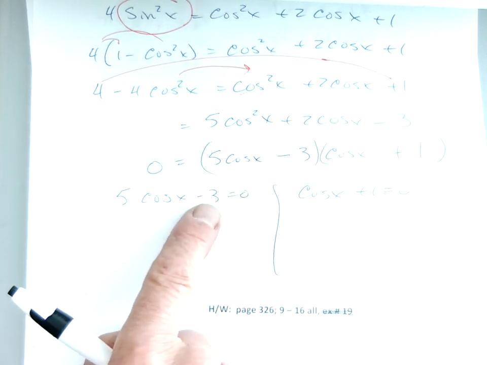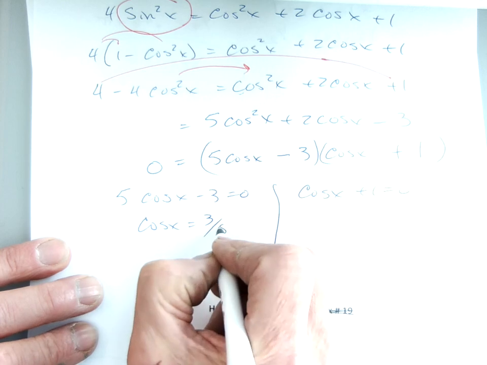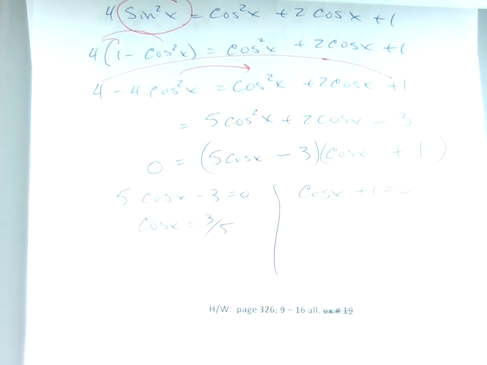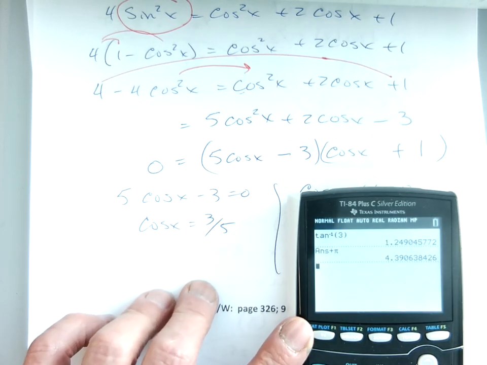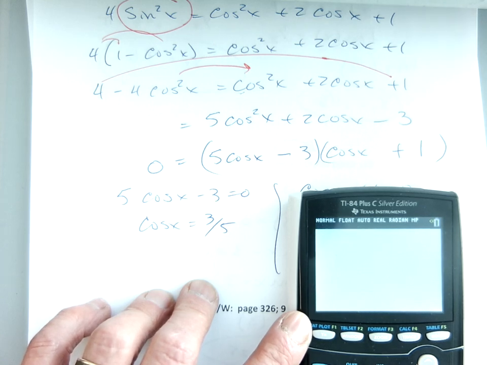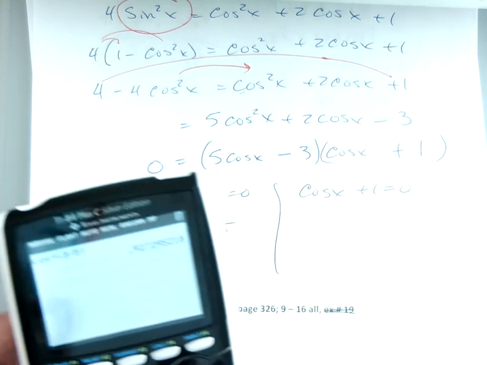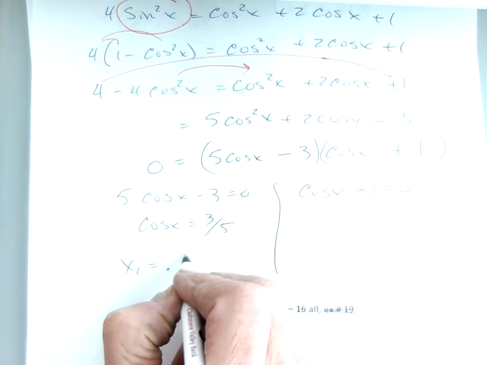I'm going to add 3 and divide by 5, so I've got cosine of x equals 3/5. I'm going to have to use my calculator. That is not on the unit circle. So I'm going to go cosine inverse of 3 divided by 5. And I get an answer about 0.93. That is an angle, x1, 0.93.